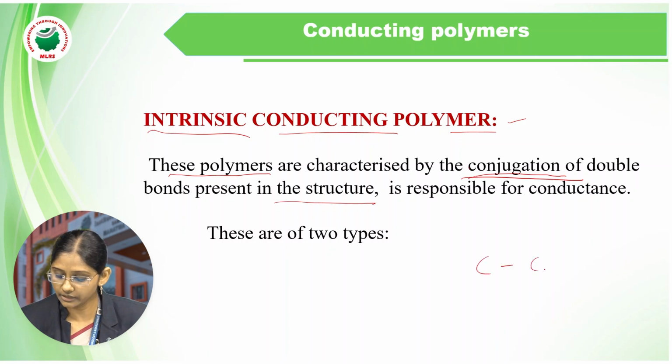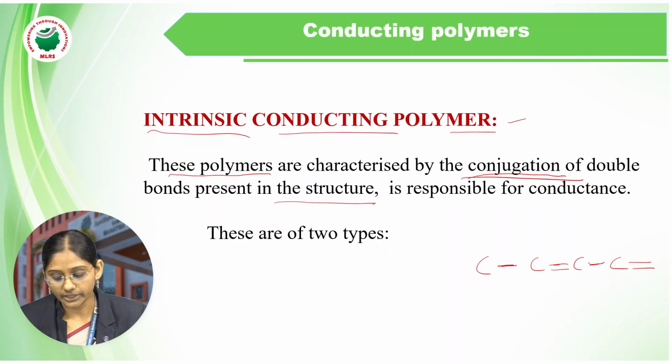Conjugation means, suppose here is the long chain of the polymer, but it contains a single bond and then a double bond, then a single bond and then a double bond, like this. Alternate double bonds are present in the chain.